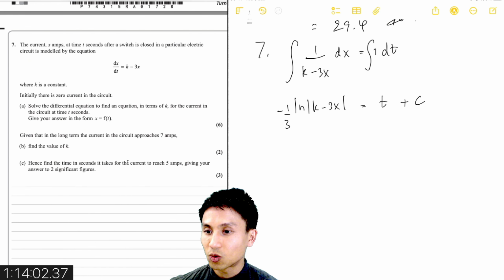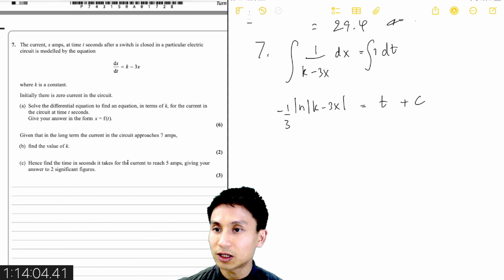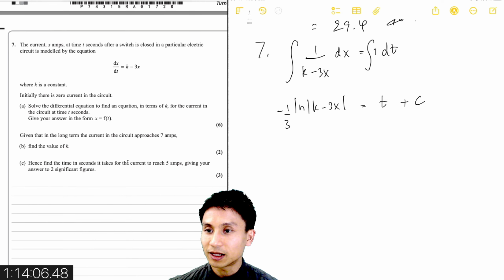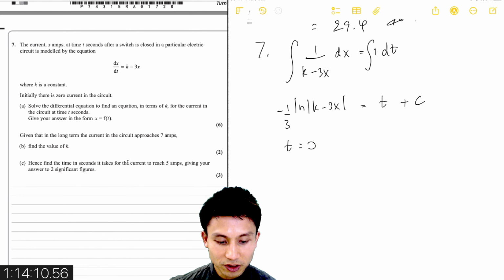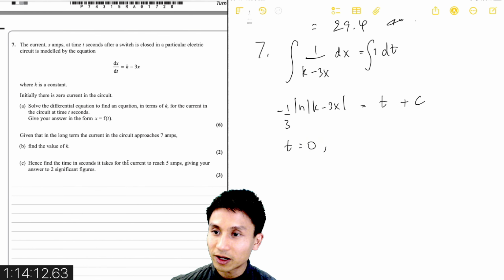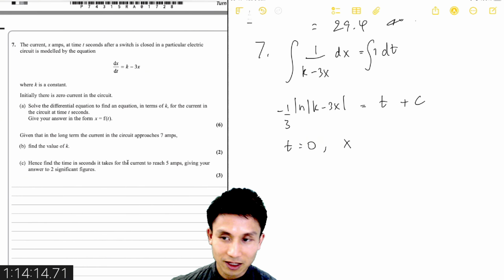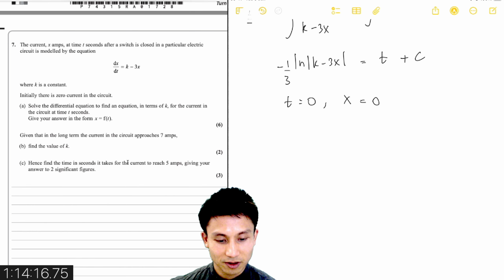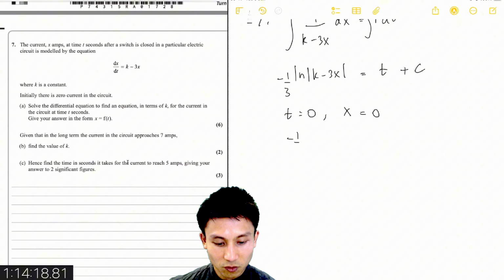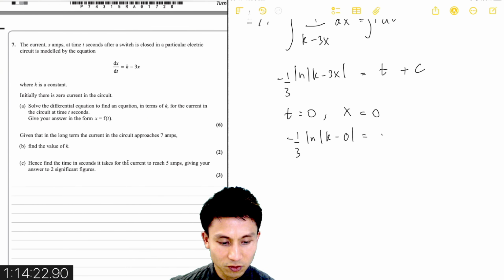We don't care about the initial conditions yet. Oh, initially there is 0 current, sorry. So when t equals 0, the current x equals 0. So we put into that expression ln k minus 0 equals 0 plus c.